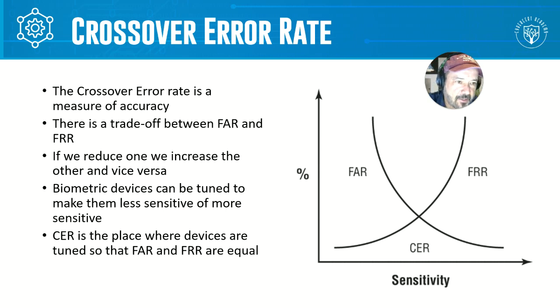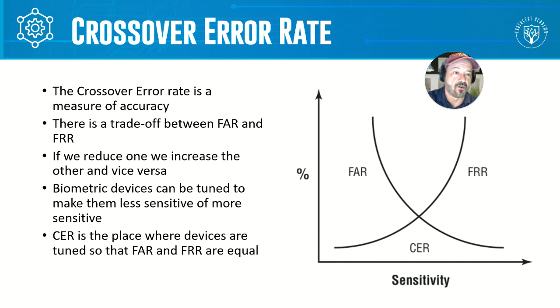No false acceptances, no false rejections. In other words, the perfect system. There's no such thing as a perfect system. But what biometrics vendors are trying to do is get their technology as close to 0 as possible. And that's the real value of the crossover error rate.